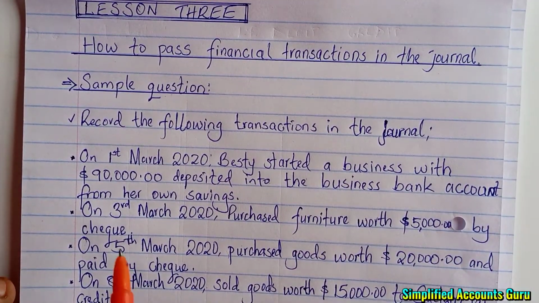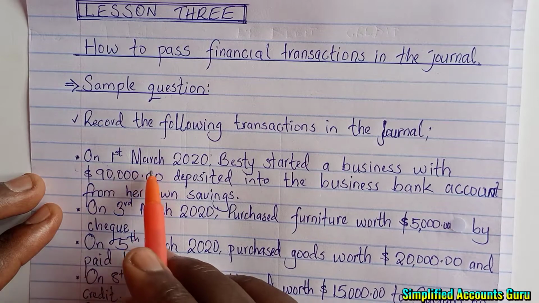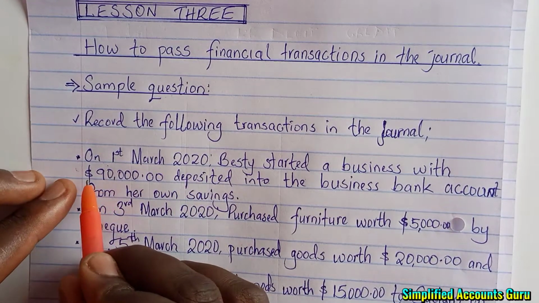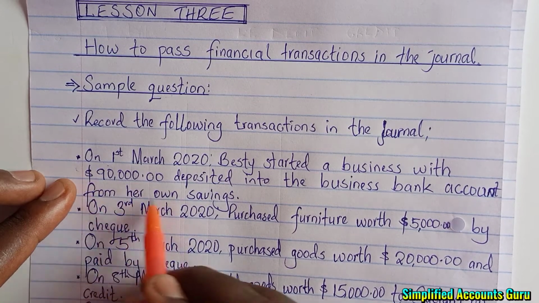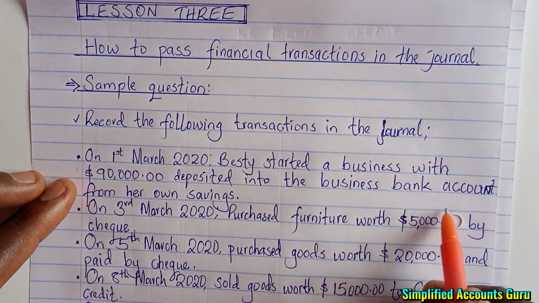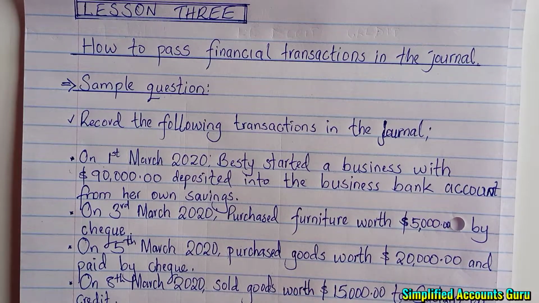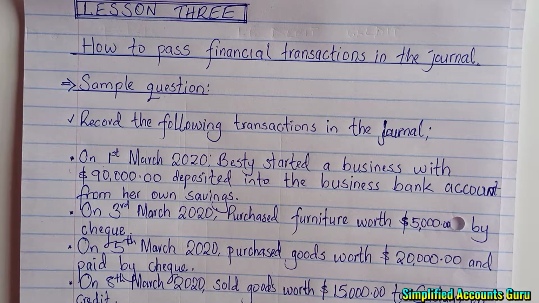Remember, the first question was saying, on 1st March 2020, Bestie started a business with $90,000 deposited into the business bank account from her own savings. Number one, you have to identify the accounts that are affected. Remember, when we were talking about the double entry concept, we said that this is the concept which dictates that for every debit entry there must be a corresponding credit entry.